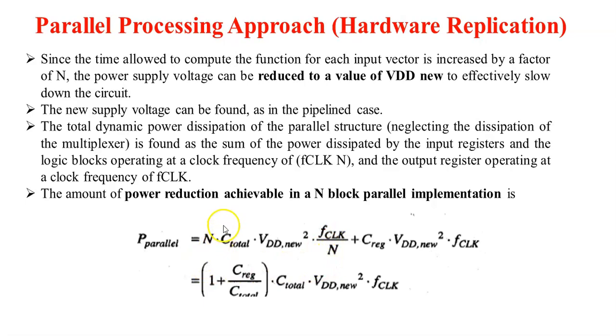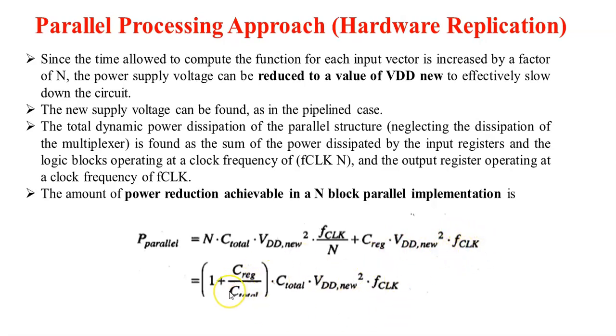So here we have n number of blocks, so we are taking n, and we have to neglect the power dissipation of the multiplexer. So on the output side we are taking only the power dissipation of the register, so the corresponding capacitance C register into the supply voltage VDD nu square, and it is operated at F clock. So you have to denote F clock.